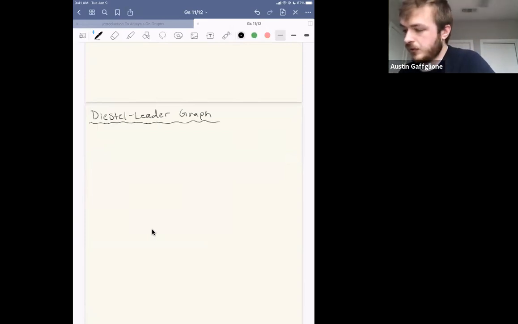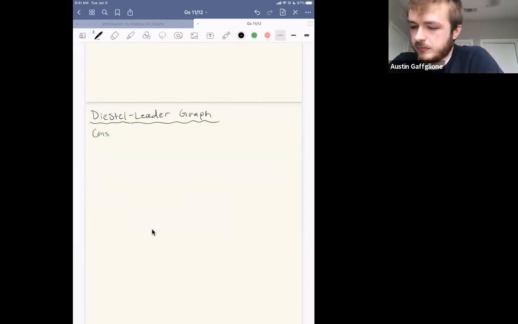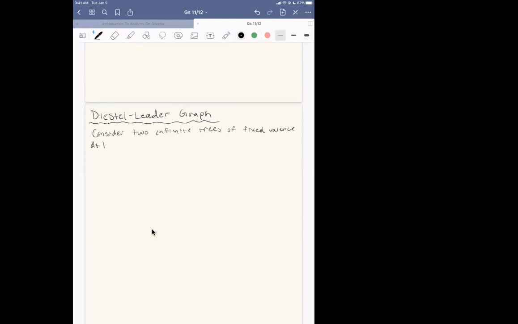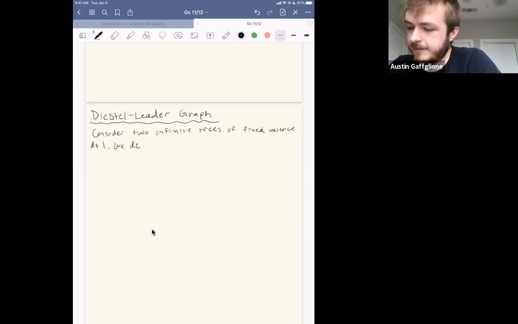So a Diestel-Leader graph. Consider the following idea. We consider two infinite trees of fixed valence, let's call it D+1, and we denote these two trees by T1 and T2.